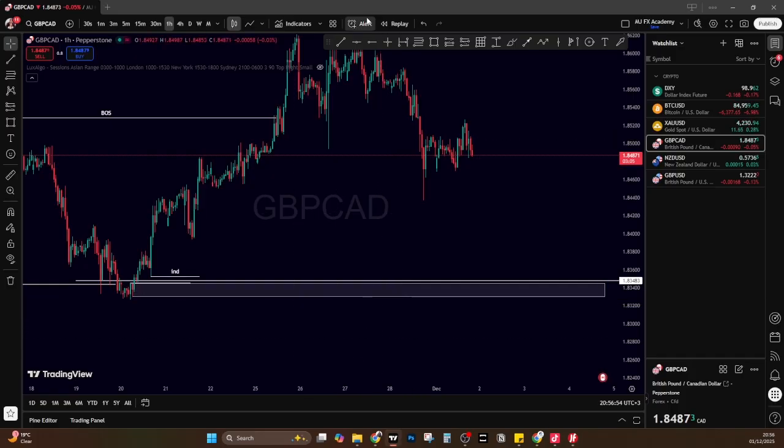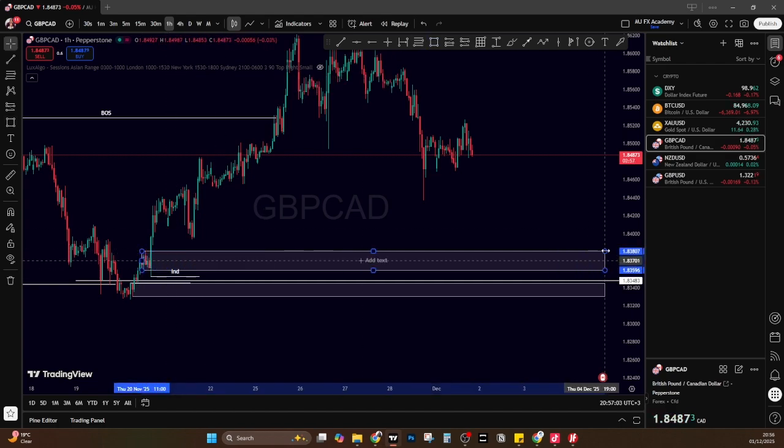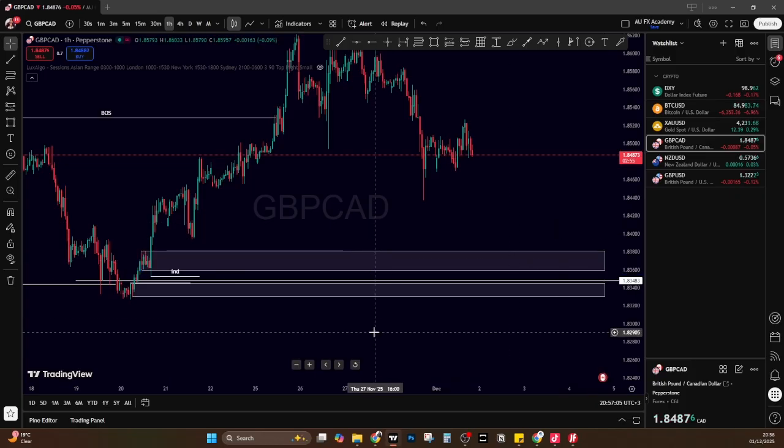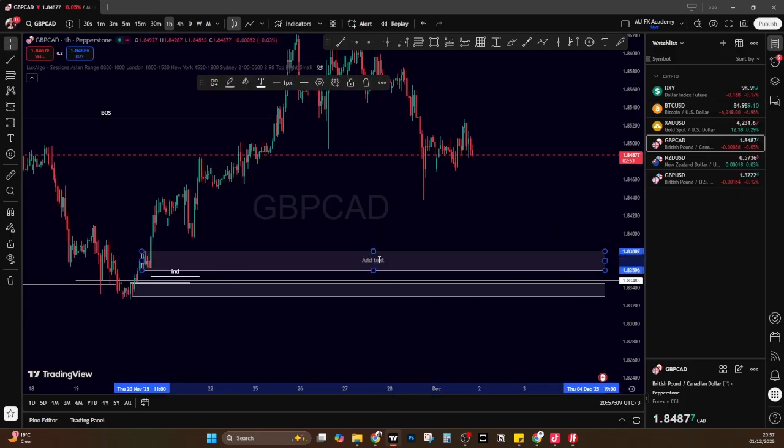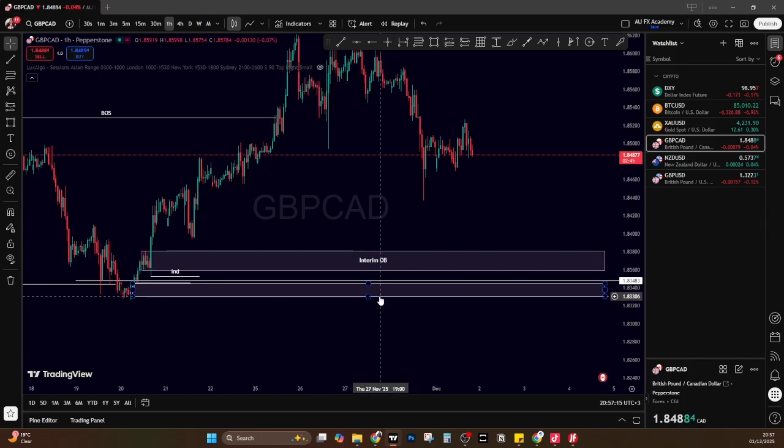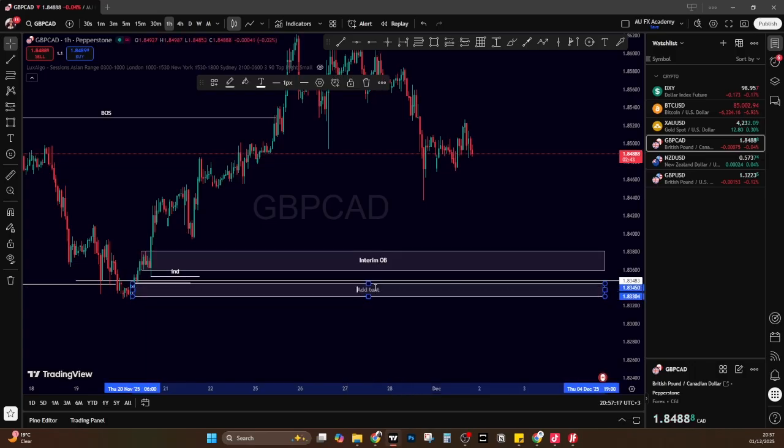But from what I am seeing and from the behavior of the market, it can decide to do what? It can decide to buy from here. So you will have these two areas as your areas of interest. You call this the interim order block, and you call this the main order block.